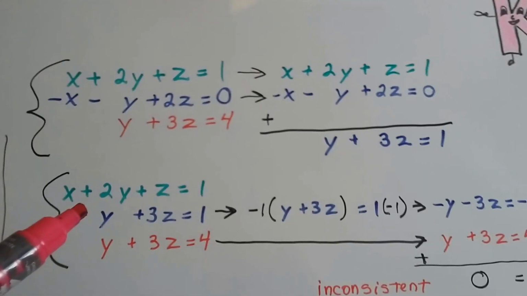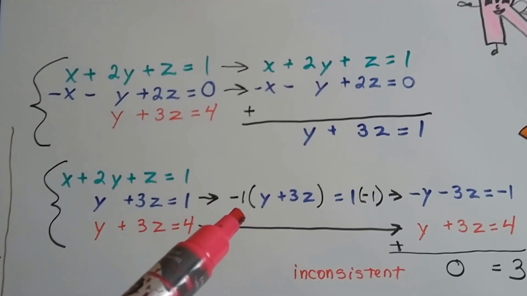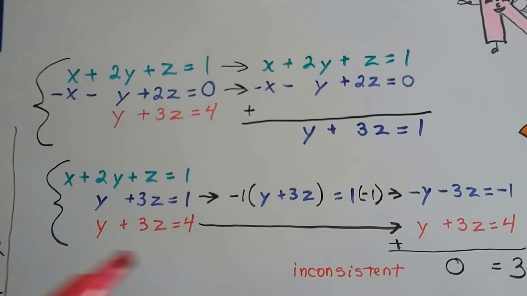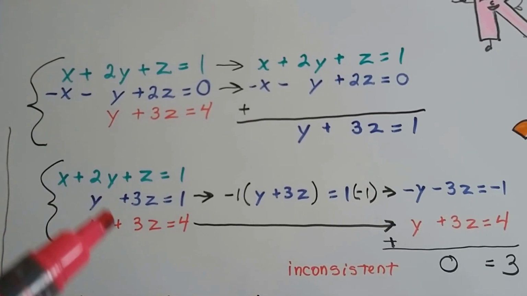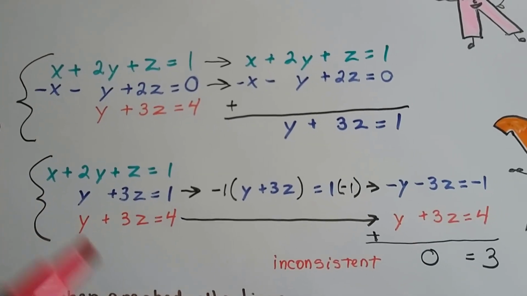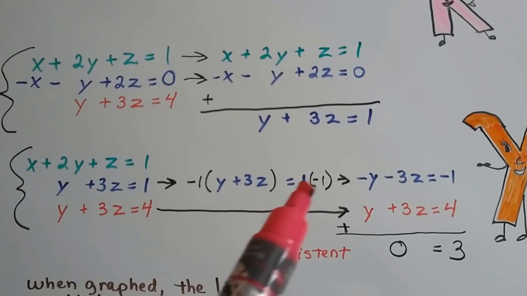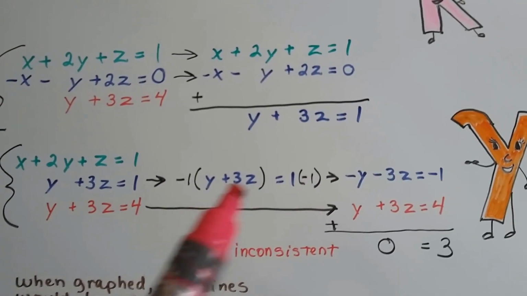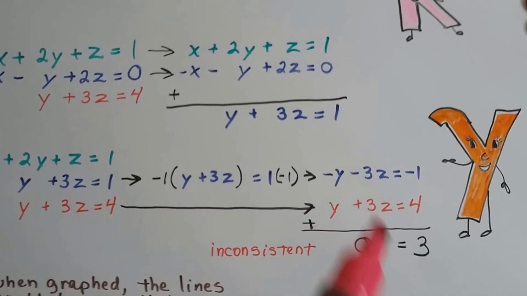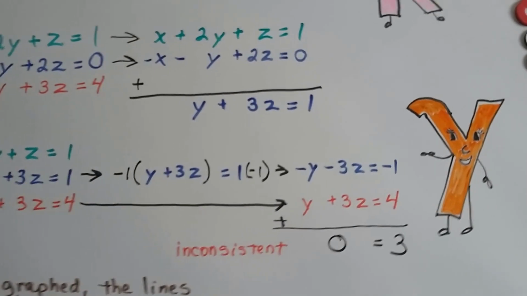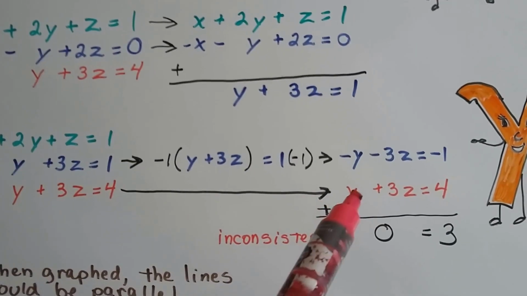Now we can take this blue equation and multiply it by a negative 1, and that'll give us additive inverses here. We'll have a negative y and a positive y. So we multiply all the terms, including the equals 1, by that negative 1, and we get negative y equals 3z minus 1. We slide this red one over.